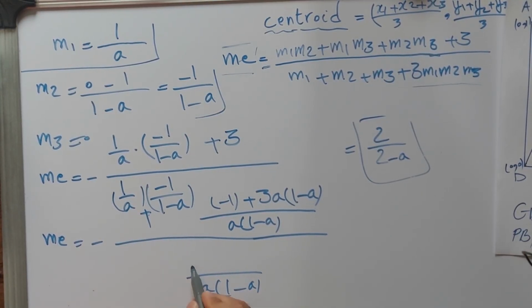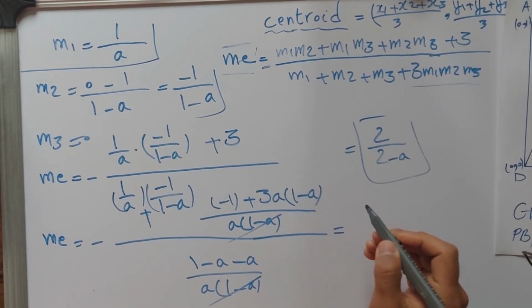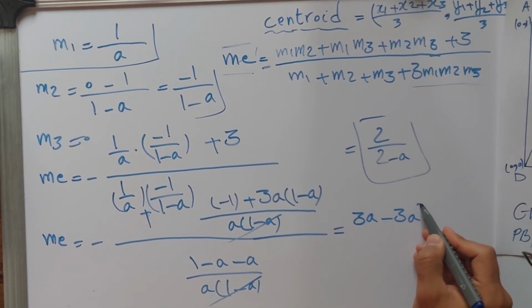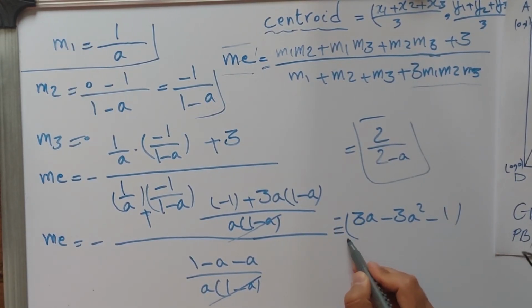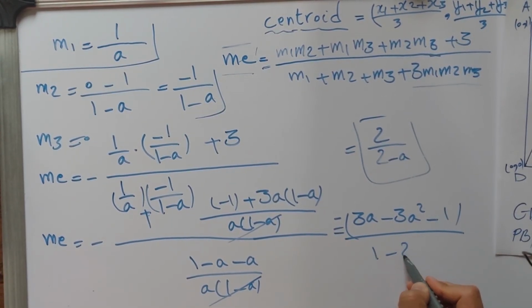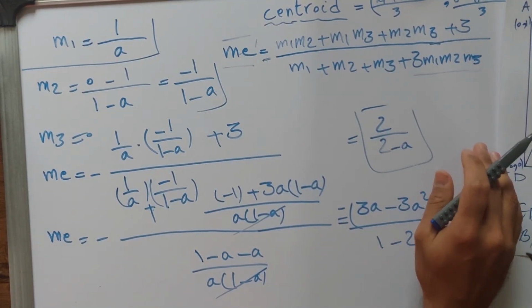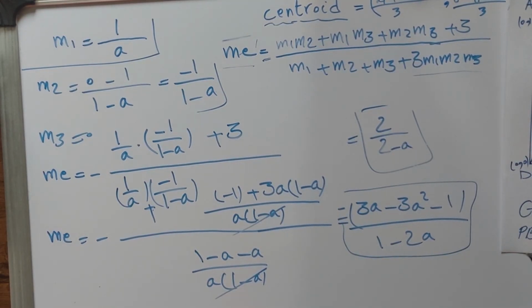So then this thing becomes 1 minus a minus a. So we can cancel these two terms because they are in the denominator here, and then we can simplify that further. So 3a minus 3a squared minus 1, and this is also a negative here, over 1 minus 2a. In other words, so now we found in another way this slope of the Euler line.